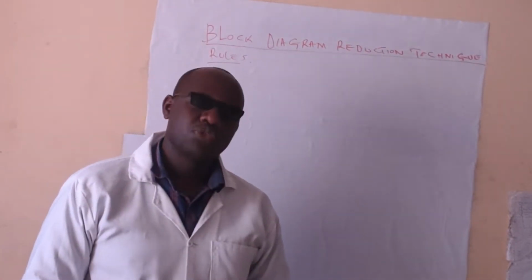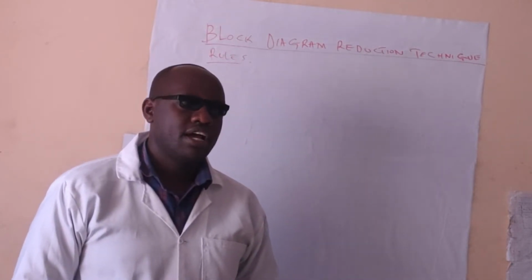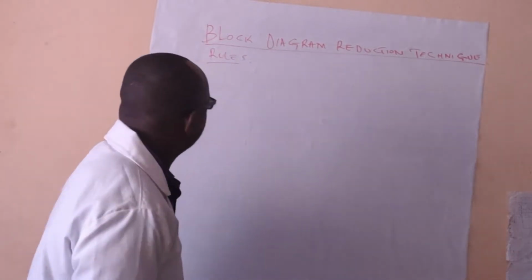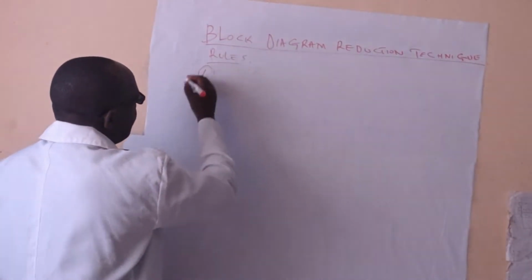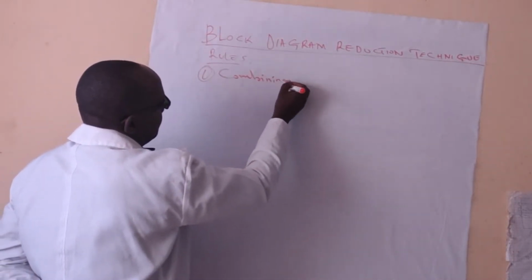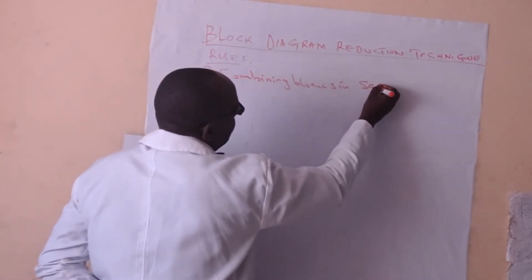So we want to see some of the rules. Rule number one, we are considering when the blocks are in series. So rule number one is combining blocks in series.